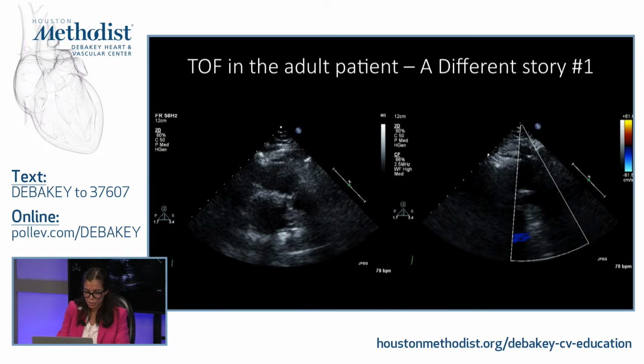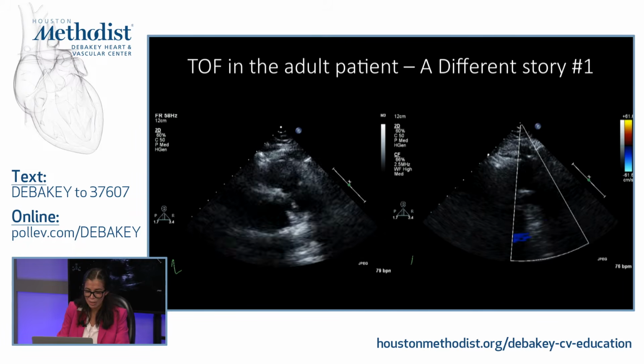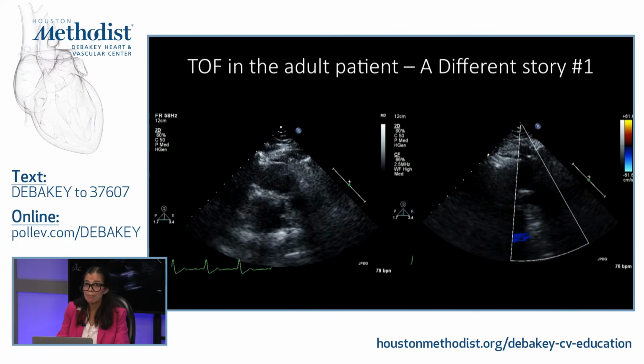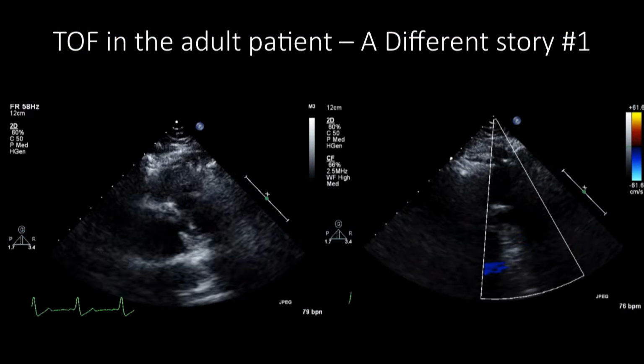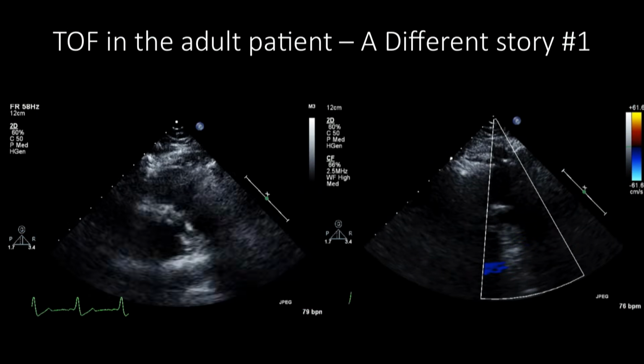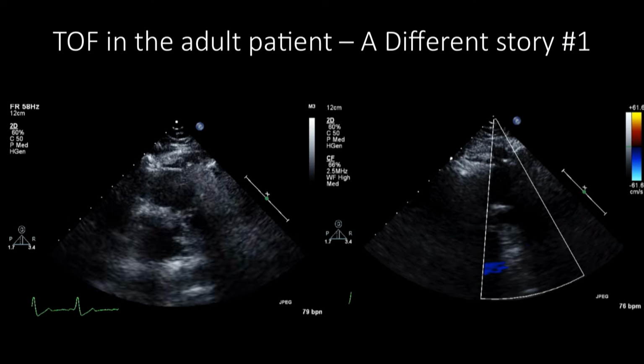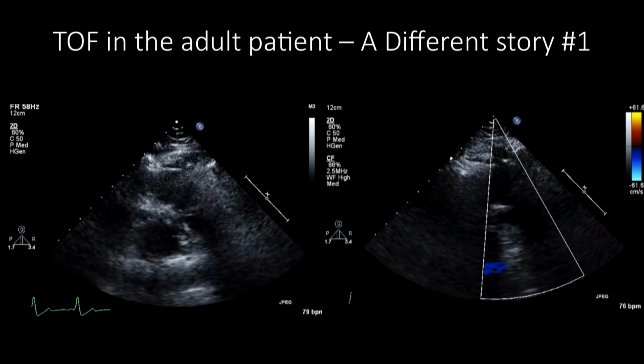Let's continue. I want you to remember those beautiful pictures in the newborn showing us the main pulmonary artery and the branch PAs. And this picture, if you're not able to see it in great detail, that's a true story. It's not the image quality.